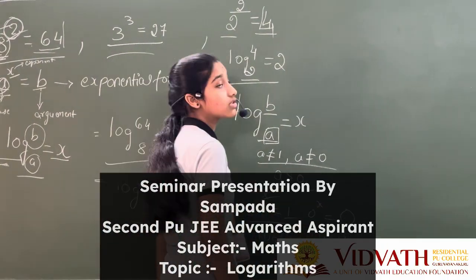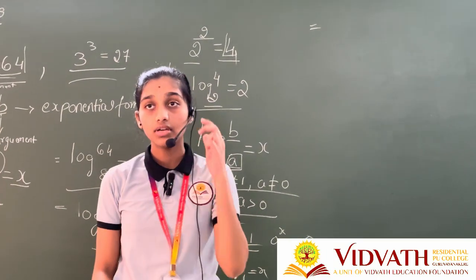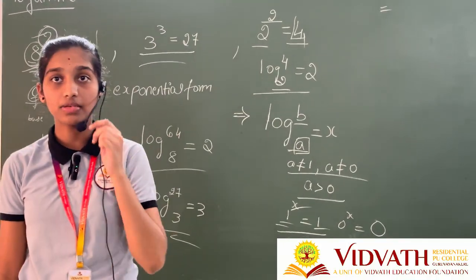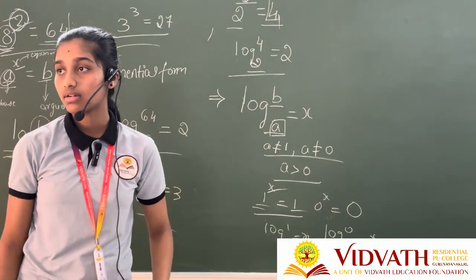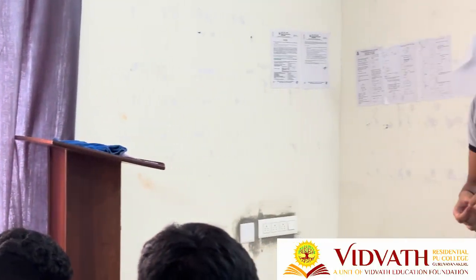And why should we not use negative numbers? Anyone has an idea about complex numbers? Tell, what is a complex number? Okay, I will tell.